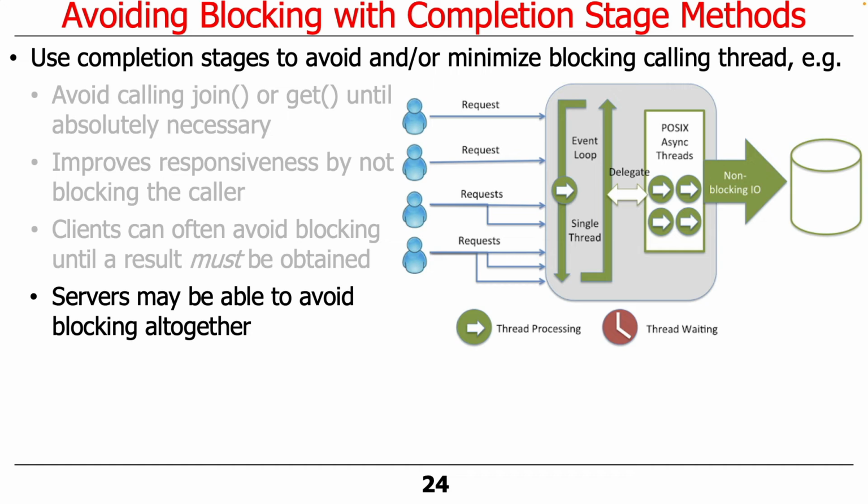And then when the result is finally processed by the server, it can return the result back to the client as a reply or as a response from whatever context the server happens to be in. So it may be the case the server never has to block at all. So that's kind of the ideal situation. So often clients don't have to block. Usually servers don't have to block.